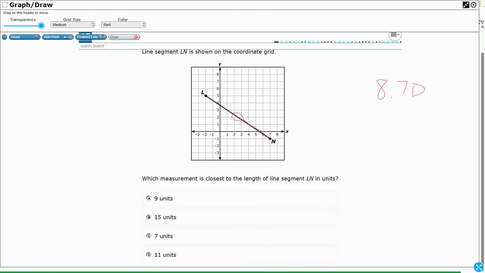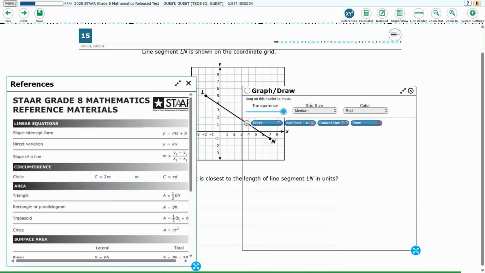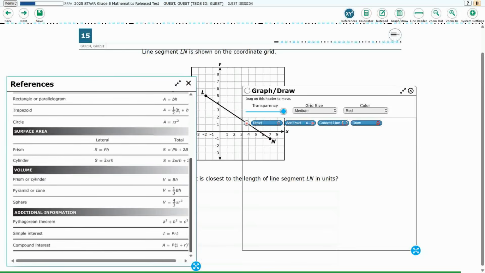Something fundamental to mathematics that we really focus on in 8th grade is the Pythagorean theorem. So if we were to drop a line right here, let's make this M, and let's make it go right over there. What I've done is I've made perpendicular lines from point L and point N, therefore it's a right triangle. And so what we know is that our Pythagorean theorem says a squared plus b squared equals c squared.